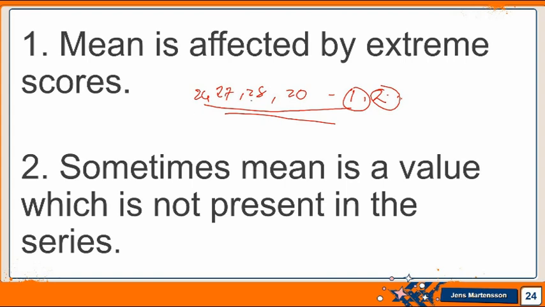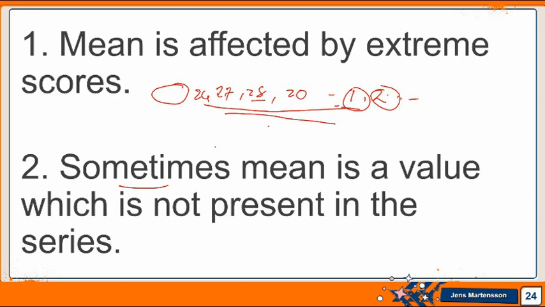Kasi, halimbawa ito, 28 tapos plus 1, pag i-add mo lahat yan, bababa siya dito, parang yung center niya mahahatak ng mabababang score. So, sometimes mean is a value which is not present in the series. So, pag kumuha tayo ng mean, ito yung data natin, 26, 27, 28, 20, 1, and 2.